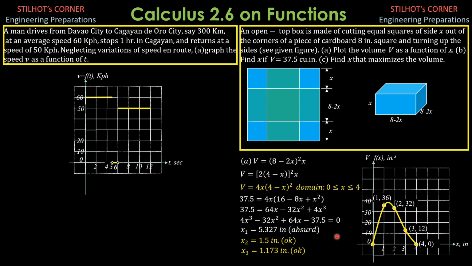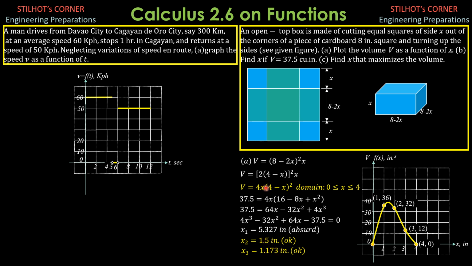So that leads us to the conclusion that the maximum volume occurs between these two values here, because 37.5 is not yet the maximum volume. So we have an idea that the dimension x that will make the volume maximum is between here.